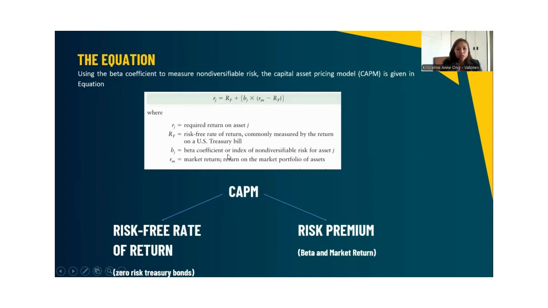Then the beta coefficient, or index of non-diversifiable risk for the asset, and the market return. In this formula, this is the risk-free rate of return, on zero-risk treasury bonds. This part is called the risk premium, which consists of the beta and the market premium.